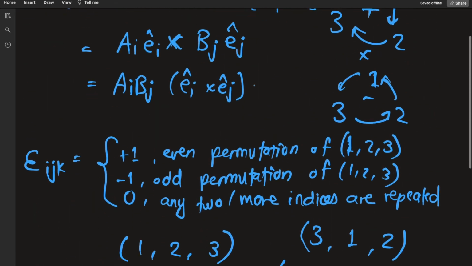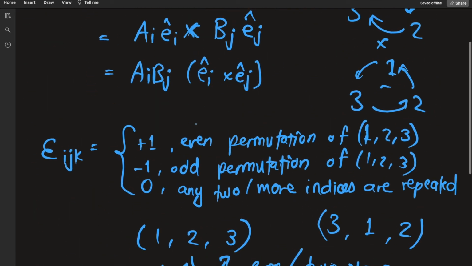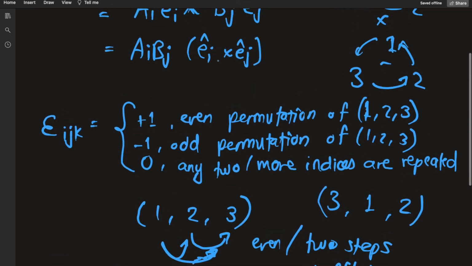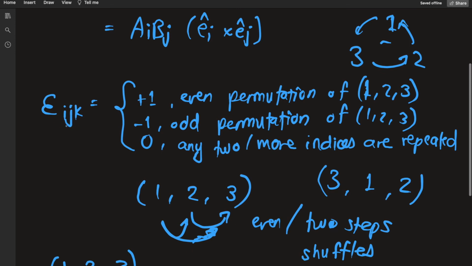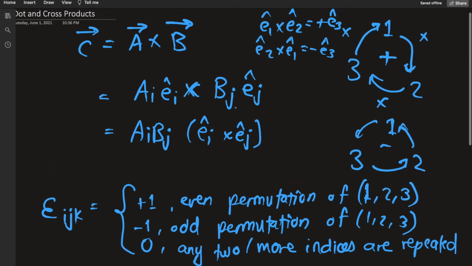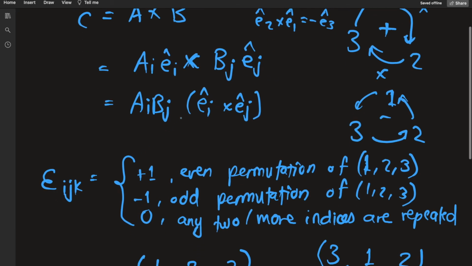So in our more practical scenarios, you have 2 indices, right? Those first 2 indices are the first 2 indices of this Levi-Civita. The k will get introduced because the result of a cross product is a vector. So you need to introduce a new basis vector with a new subscript, which is E sub k hat.